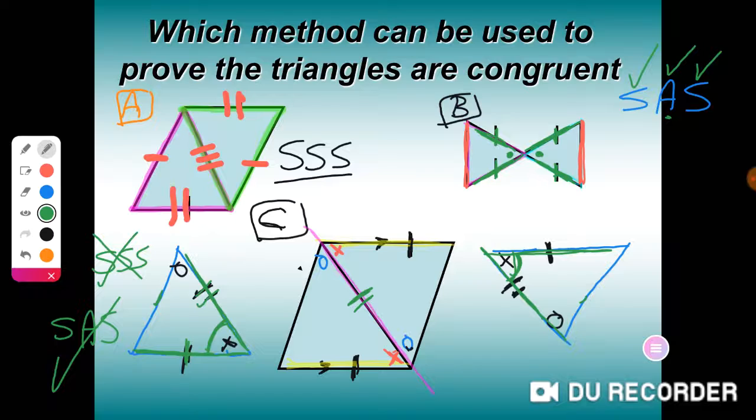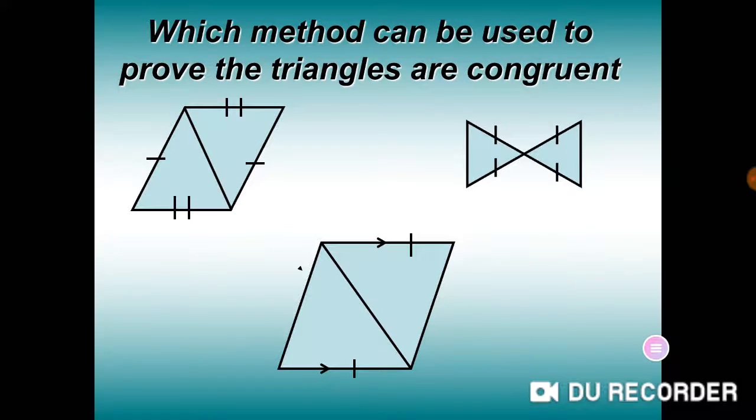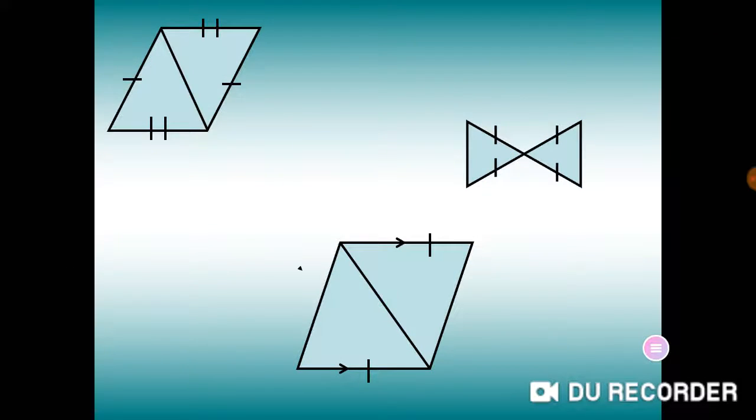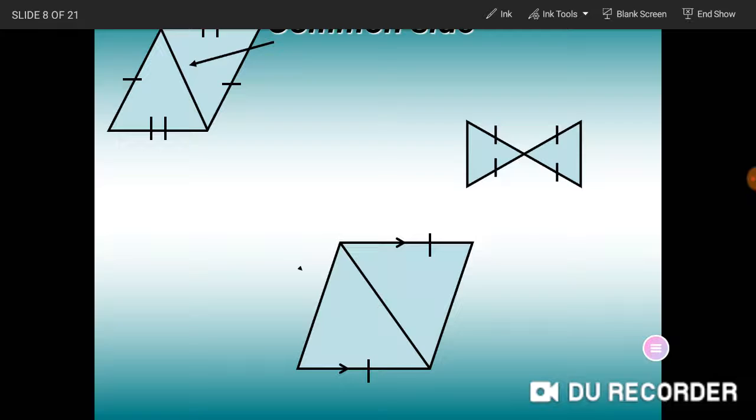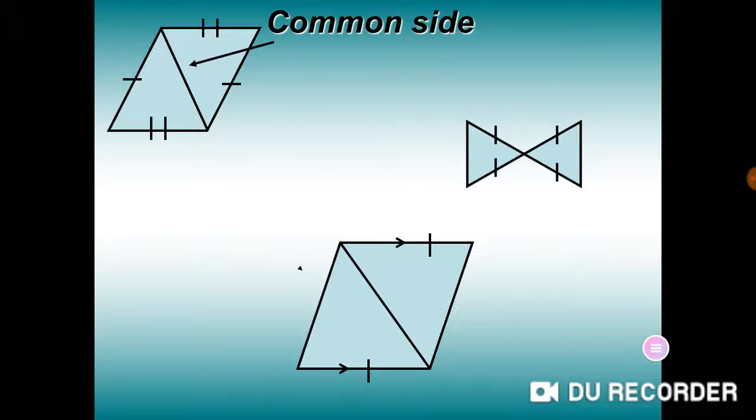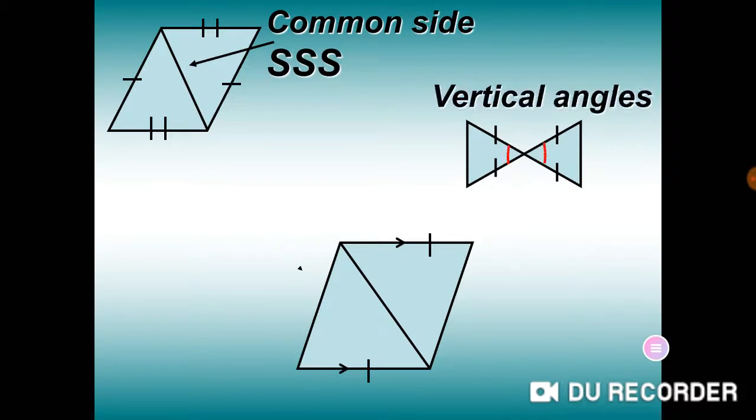Okay, so let's state the answers a different way. We have a common side for the first one, and it means the two triangles are congruent, and the reason is SSS, side side side.